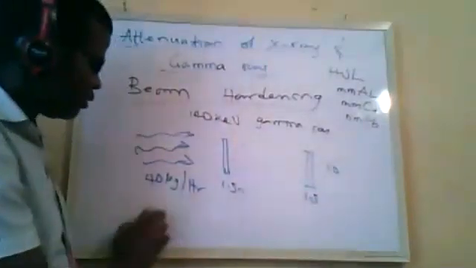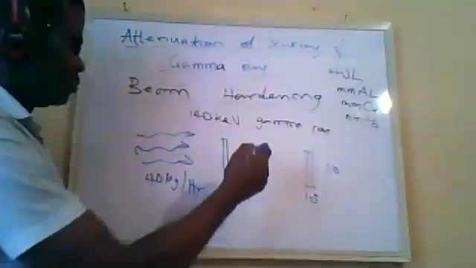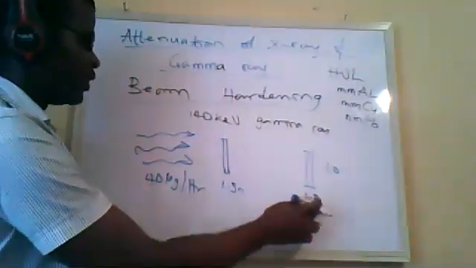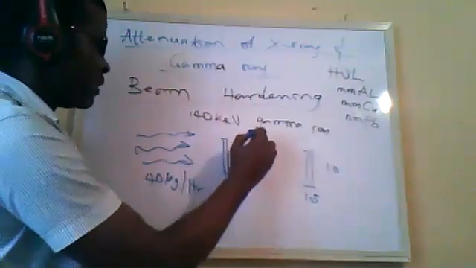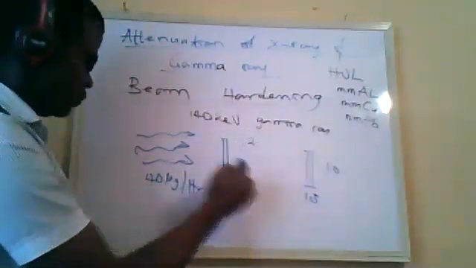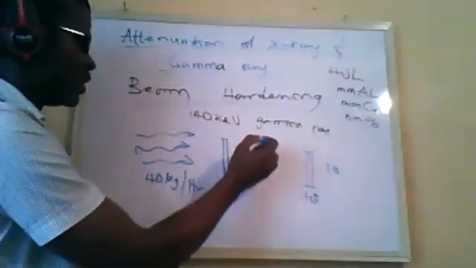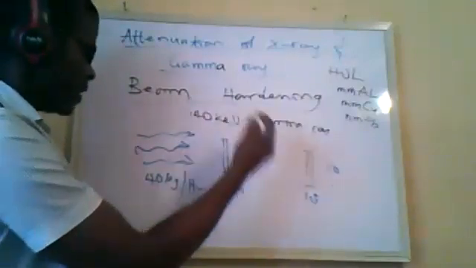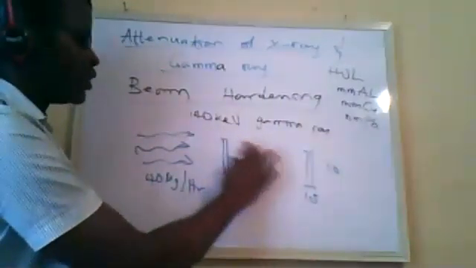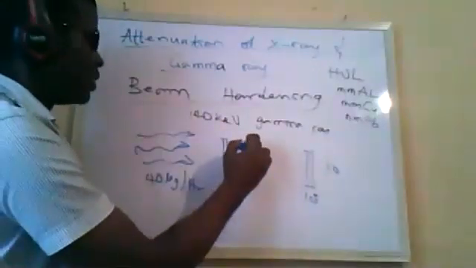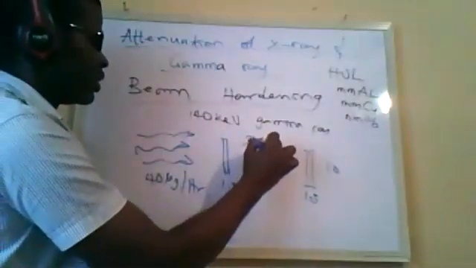for a polyenergetic beam, it has so many energies. If we do that, we use another 1.5 millimeter of aluminum. We get a particular amount here, which of course might be 20 or might not. Let's say we got 30 microgray per hour.